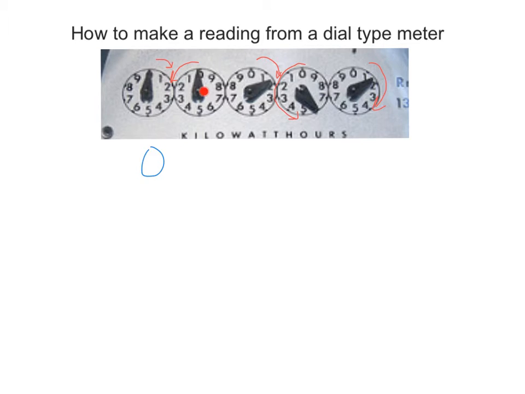My next one over, notice again, it's just moved a little bit past the 0, but it hasn't quite reached this 1 here yet. So that's a 0 as well. Over here, this is in the hundreds place value. Notice that it's gone from the 0 to the 1. It's past the 1, but it hasn't quite reached the 2 yet. So we know this is going to be a 1.